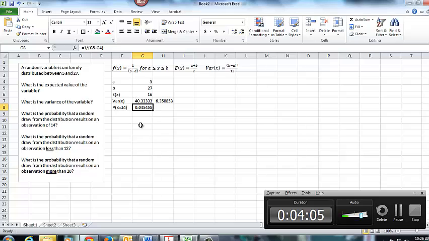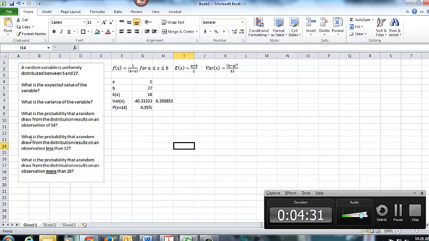So for any given observation that we might have, let's say it could be 5, 6, 7, 8, 9, 10, all the way up to 27, they all have an equal probability of occurrence of 4.55%. For any variable or observation greater than 27, the probability is 0. For any observation less than 5, the probability is 0.